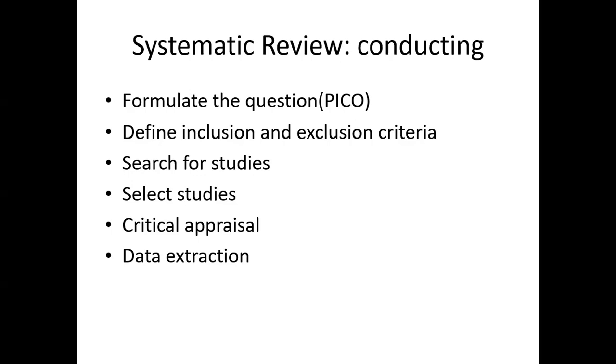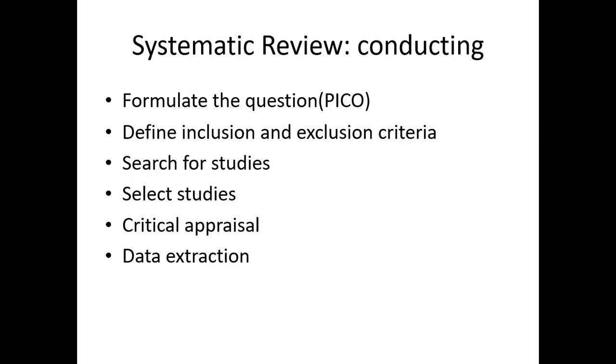Then define inclusion and exclusion criteria. Remember you have to get some good articles in order to build the evidence. So you should set the inclusion and the exclusion criteria.